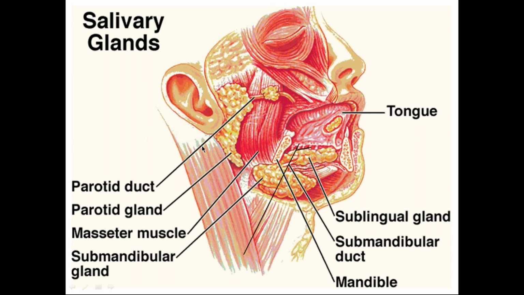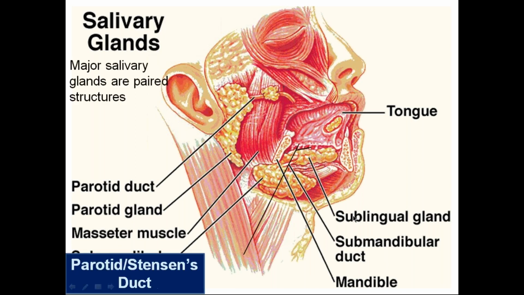Salivary glands, again this is a revision of your anatomy. You have three major pairs of salivary glands. You have the parotid gland with its duct, you have the submandibular gland along with its duct, and you have the sublingual gland along with its duct.